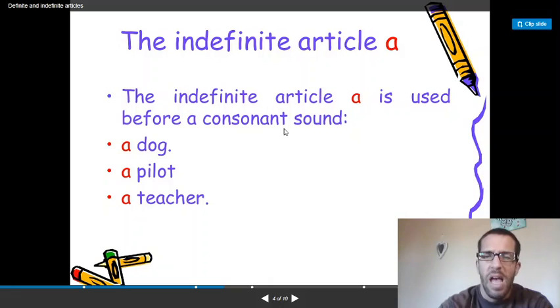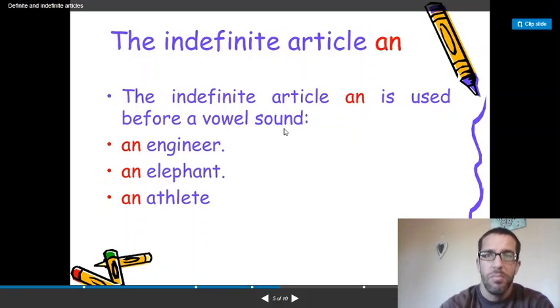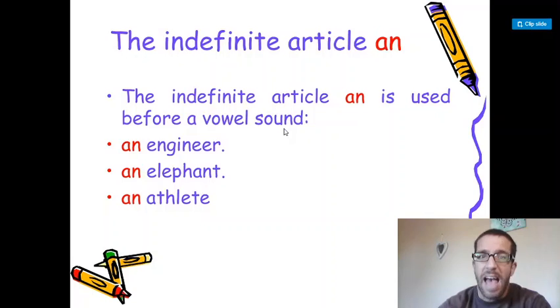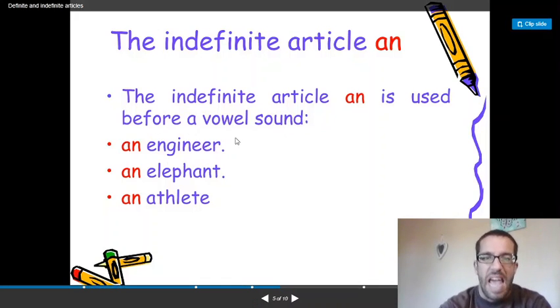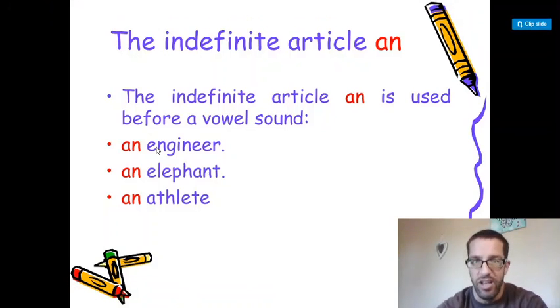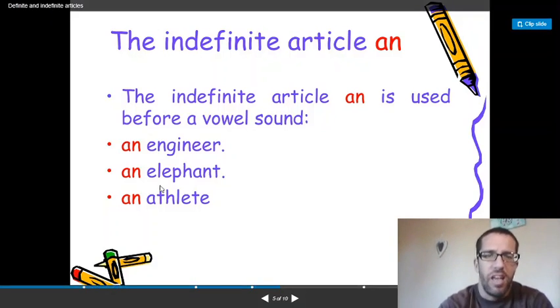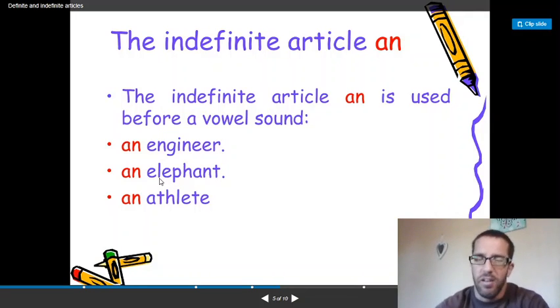In contrast, we use an before a vowel sound. For example, engineer. It's a noun, but it starts with a vowel sound, the e. So we don't say a engineer, we say an engineer. Second example there, elephant. Also starts with the vowel sound e.